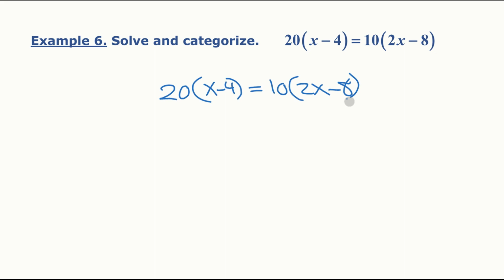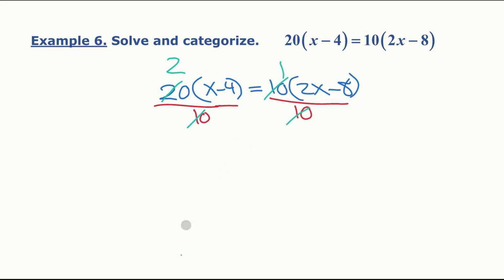Anytime I can get rid of a constant to make my life simpler, I'm going to do that. So the very first thing I'm going to do is divide both sides of this equation by 10. Right away, that makes life simpler by making this become a 2 and this become just a 1.